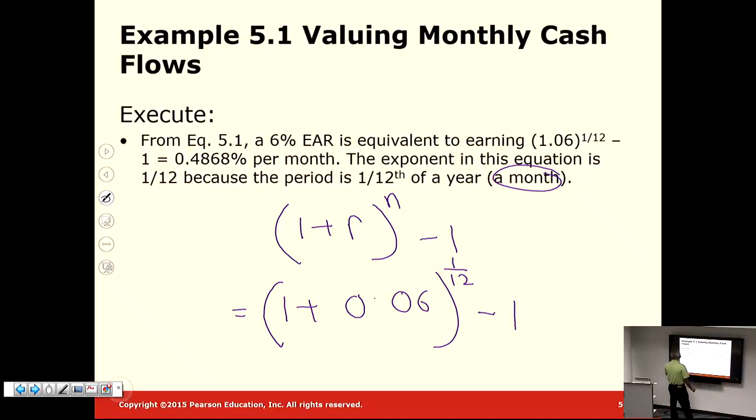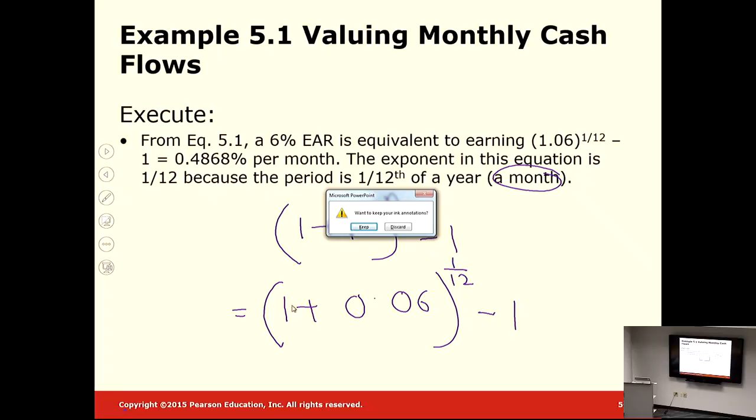So the way you can do this on the financial calculator, I'm going to show it to you very quickly over here.